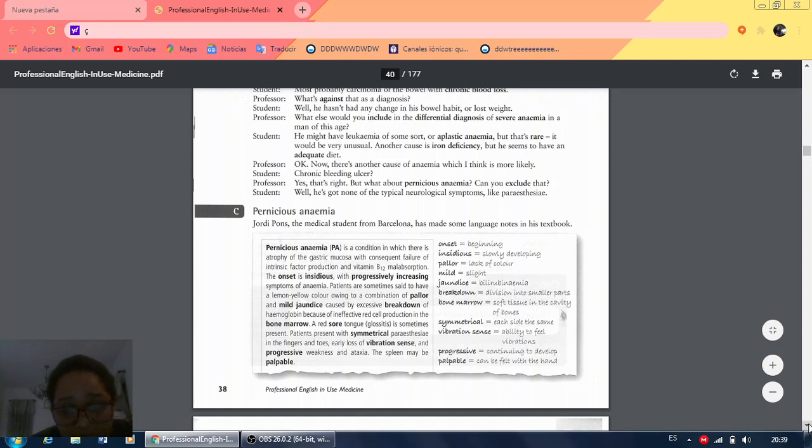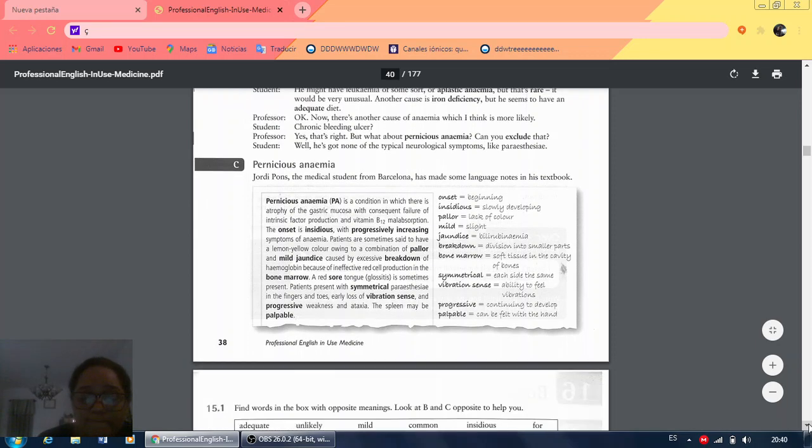Two-word combinations cause bone marrow hematology because of inefficient red cell production. The patient presents with symptoms in the fingers, progressive loss of vibration sense.